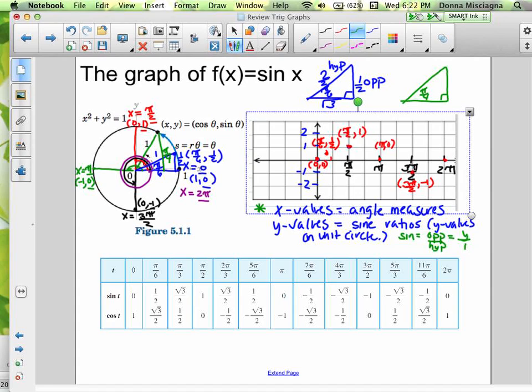This is the 45, 45, 90 right triangle. Both the sides are 1. The hypotenuse is the square root of 2. Oh, but I said we had to limit it, that the radius is 1. Well, that means I'm going to have to divide by the square root of 2.